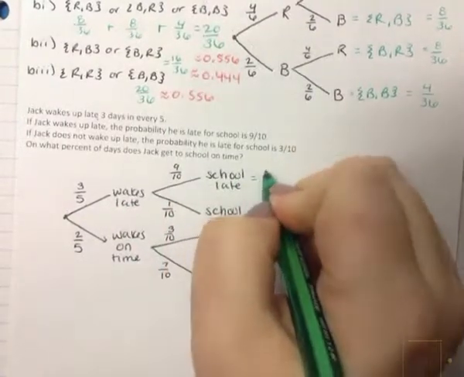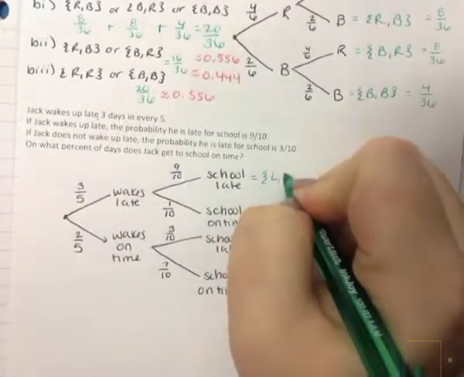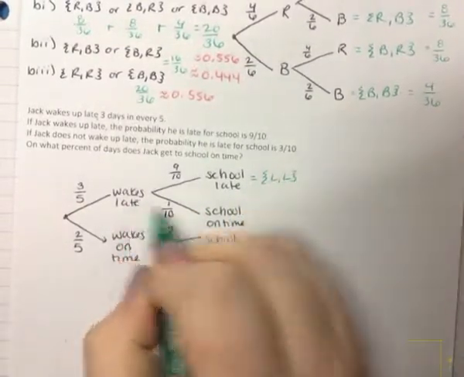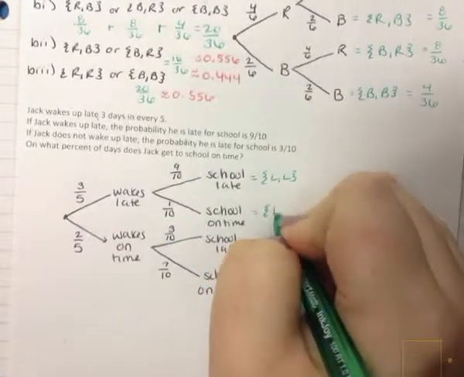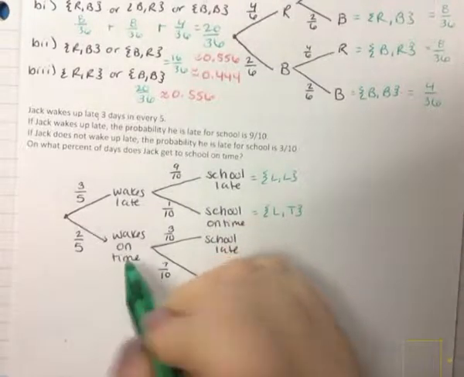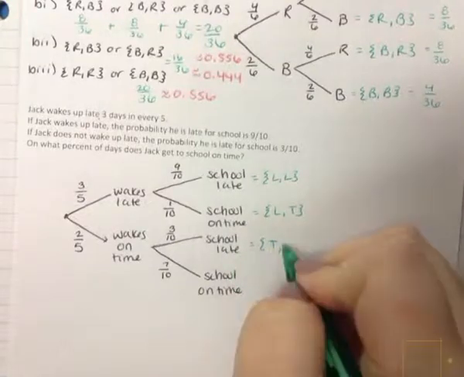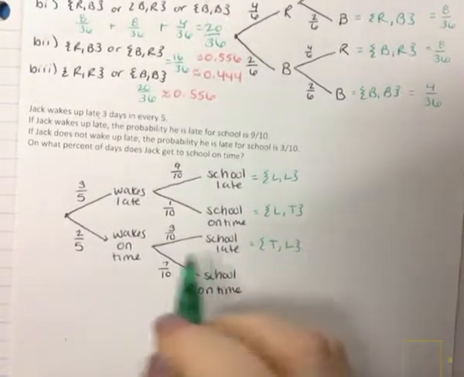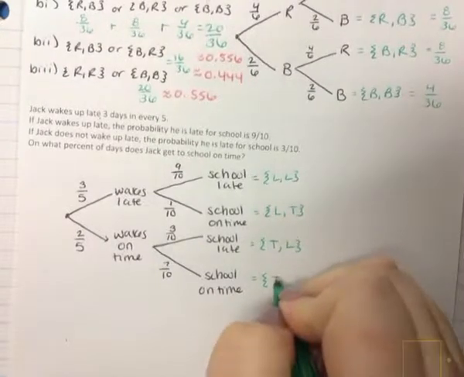So we can say late, then late. Next one would be late, then on time. So I'll put L, then I'll put a T for being on time. Wakes on time would be T, but then you get to school late, so L. And then on time, and then on time, so I'll put double T.